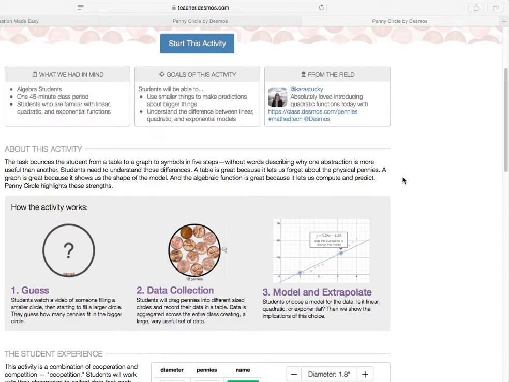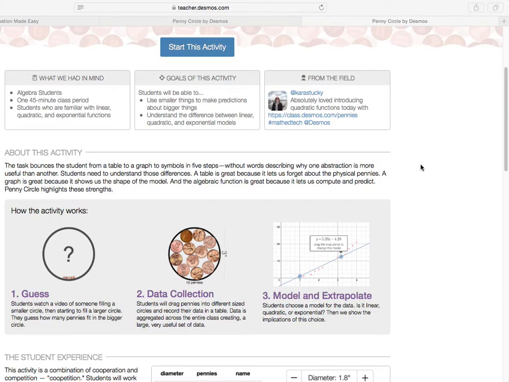And so what students are going to be doing is making a guess, collecting data, making predictions, and then also modeling with 3 different types of equations. In the end, students are to be choosing which model they think will fit the data best and will approximate the number of pennies more accurately in the penny circle.